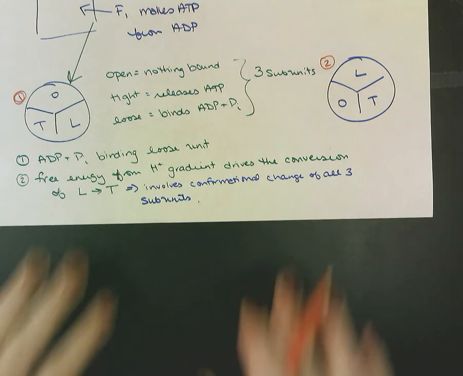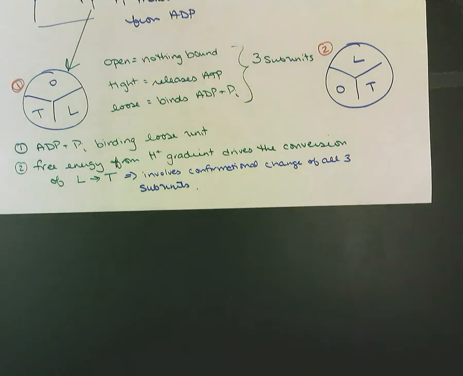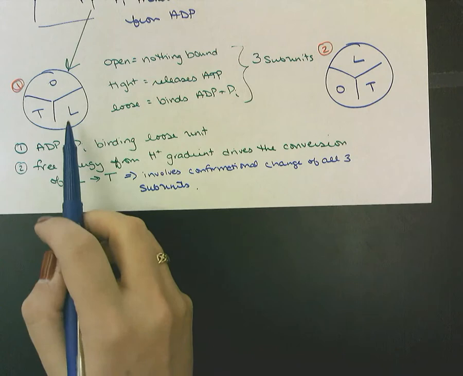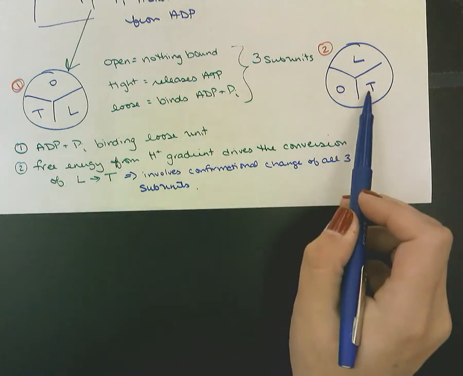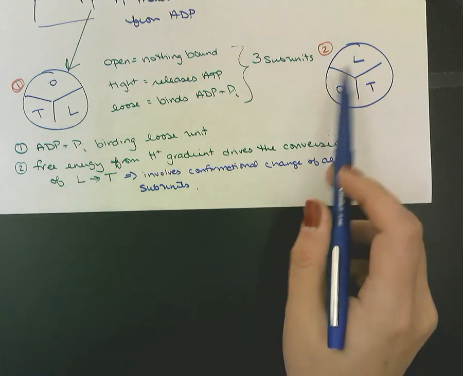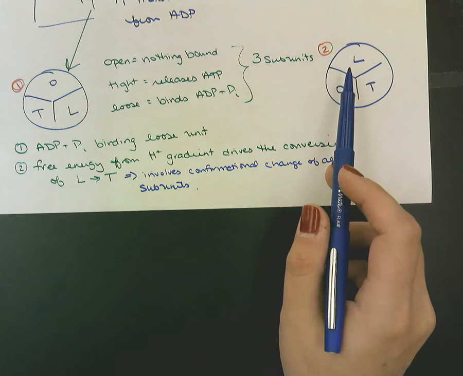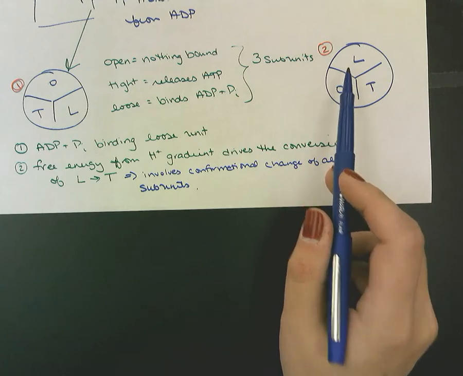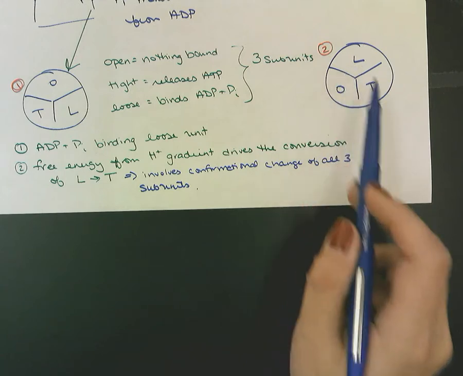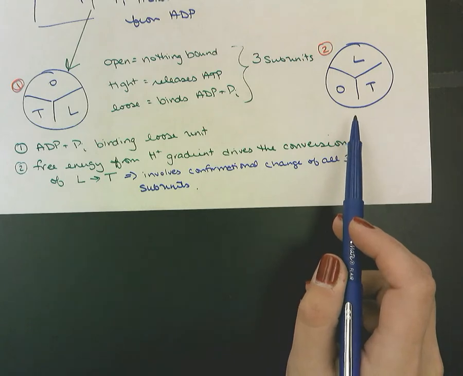They go counterclockwise? Yeah, that's counterclockwise, yep. So what was loose is now tight. What was tight is now open. What was open is now loose. So we're ready to bind another one and release another one.